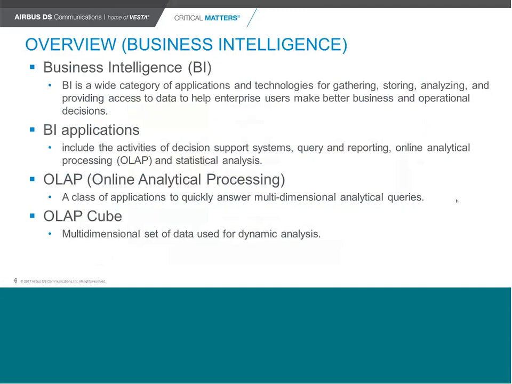The BI application includes activities of decision support systems, query and reporting, online analytical processing, also known as OLAP, and statistical analysis. OLAP, which is the online analytical processing, is a class of applications to quickly answer multidimensional analytical queries.